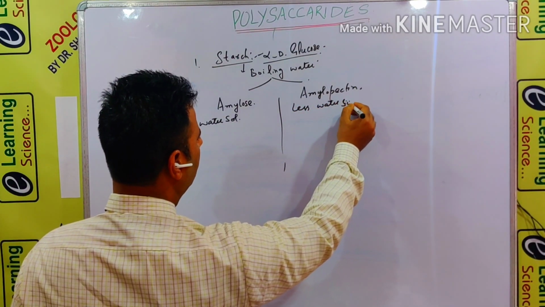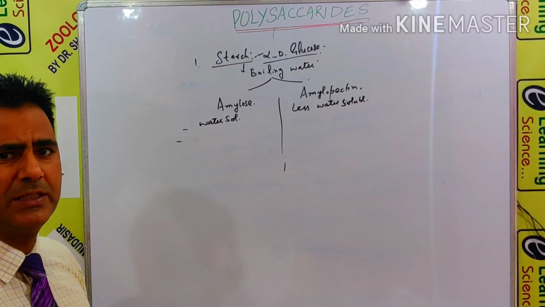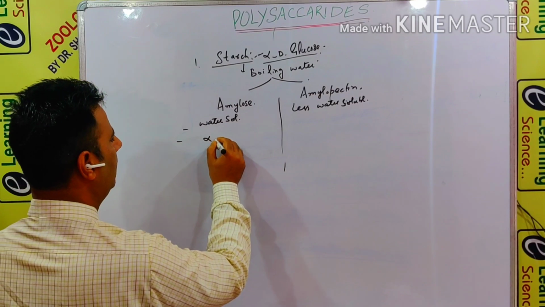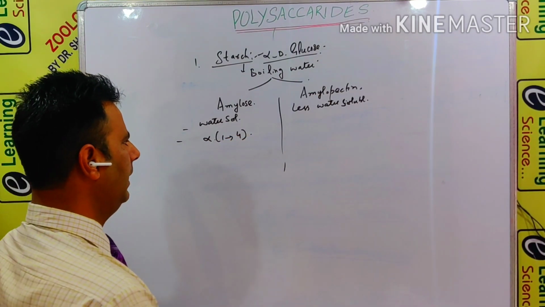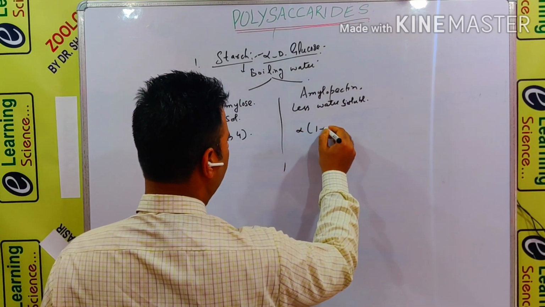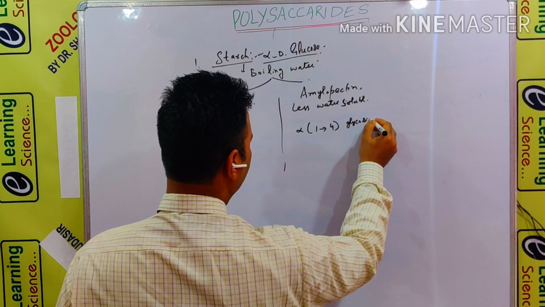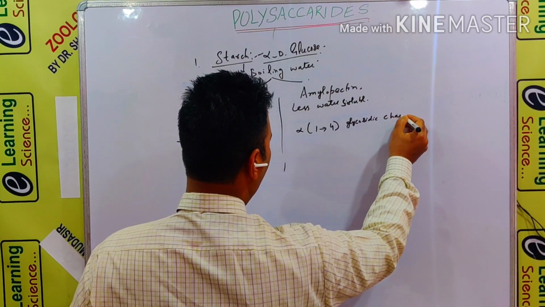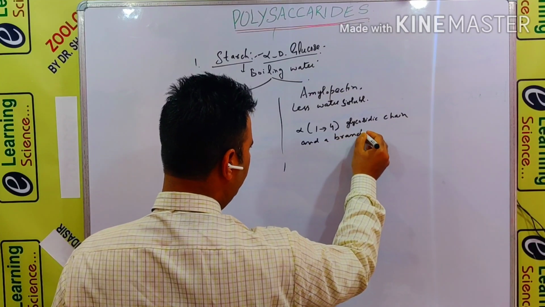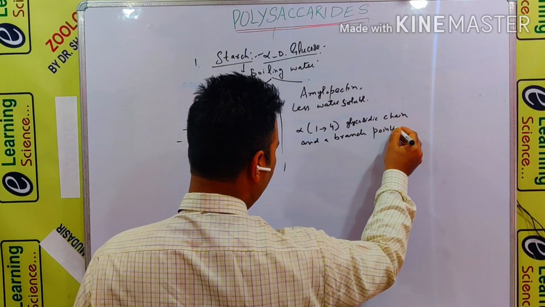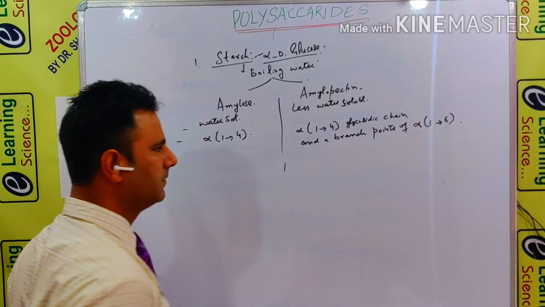Second, amylose shows a structure of alpha 1,4 glycosidic bonds, and amylopectin also shows an alpha 1,4 glycosidic chain, plus branch points of alpha 1,6 glycosidic bonds.